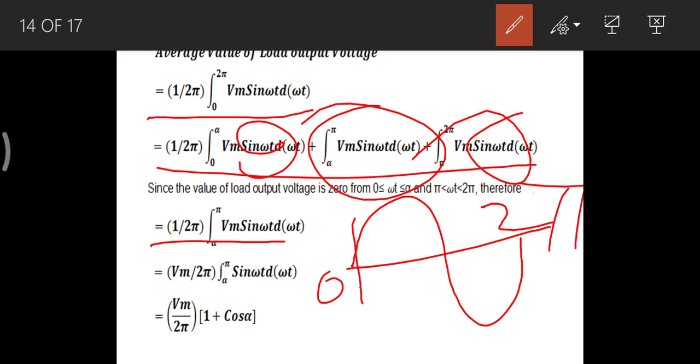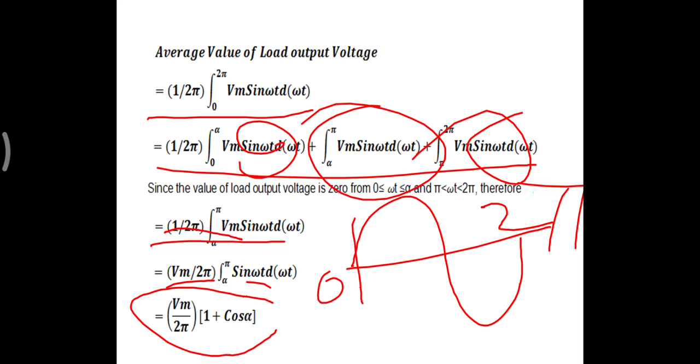So 1 by 2 pi integral alpha to pi Vm sin omega t. If we take Vm outside, this becomes Vm by 2 pi integral alpha to pi sin omega t d omega t. If we apply the limits and simplify, we get Vm by 2 pi into (1 plus cos alpha). This is the average value of the half wave rectifier.